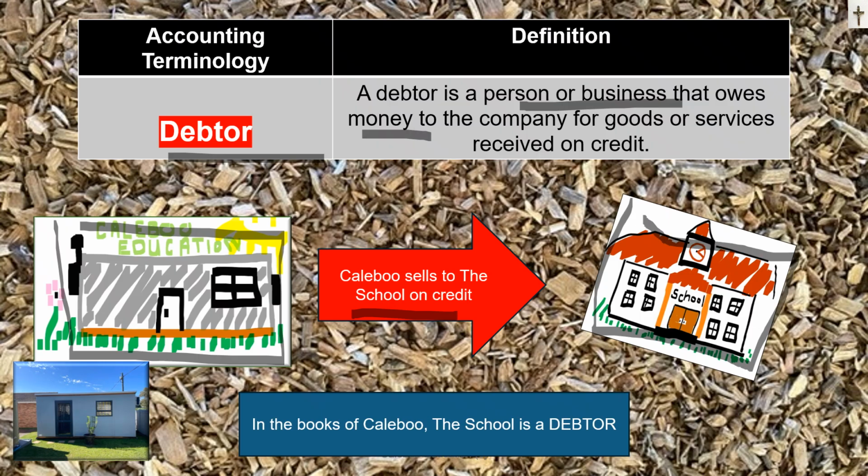So if Calibu Education sells, for example, tablets to the school, and the school gets the tablets and pays for them at a later date, the school is called a debtor of Calibu Education. And a debtor is a current asset.